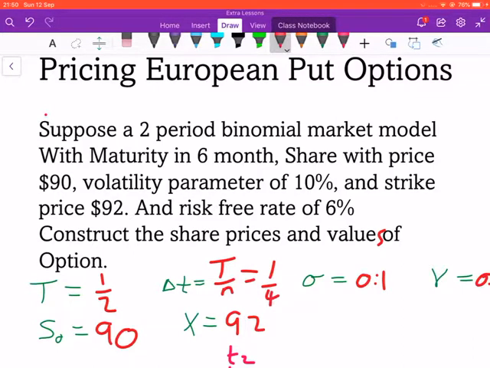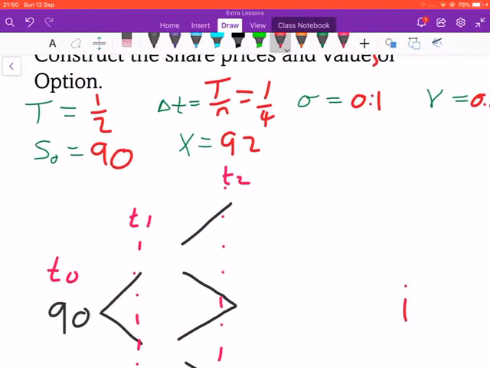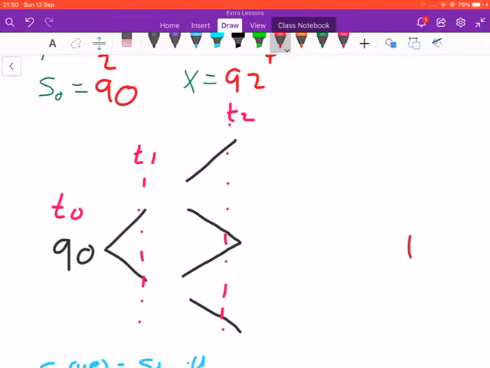So anyway, now that we have this information, I will try to draw this graph. So here's a graph, right? We are trying to fill out the value of the share as well as the value of the option at each node. As you can see, we have 3 nodes.